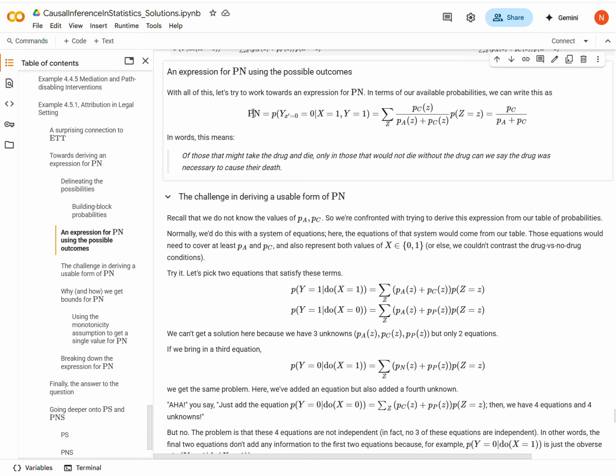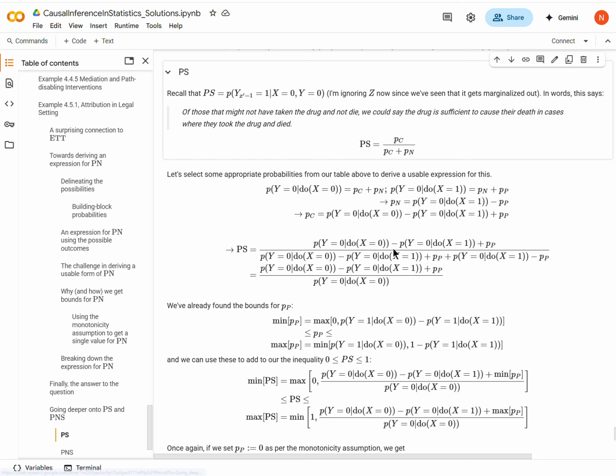Just as we did for probability of necessity, we just marginalize it out and we get the nice clean expression here. Okay, so what would this be? Well, this would be the individuals for whom the drug would cause death, right? Or so how do I want to say this? Okay, so who did not die and did not take the drug?